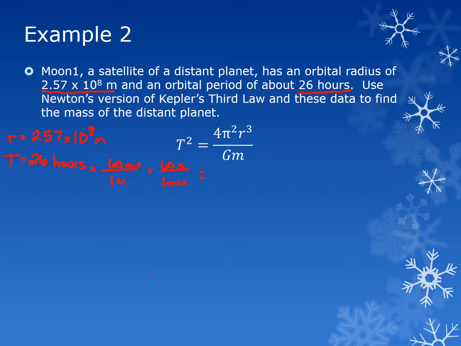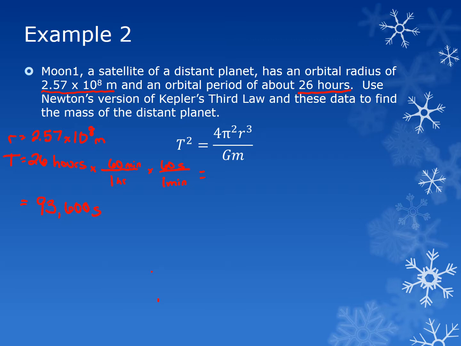So this should be 26 times 60 times 60, which is 93,600 seconds. That's the period that we want to use.